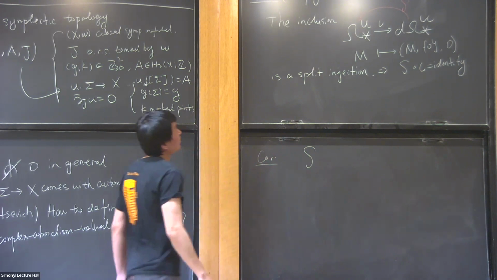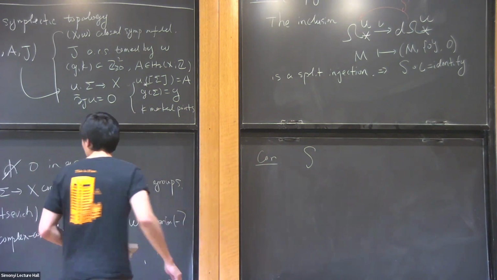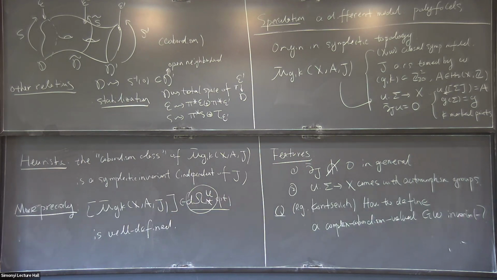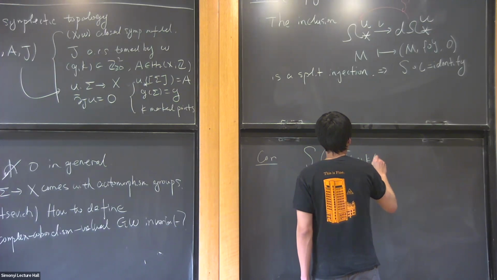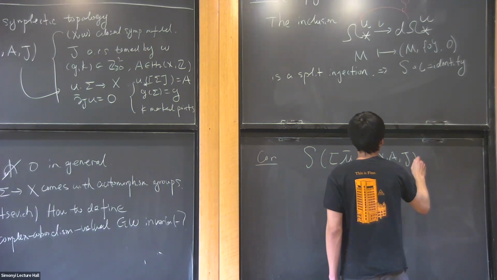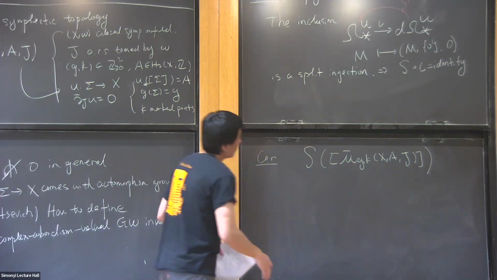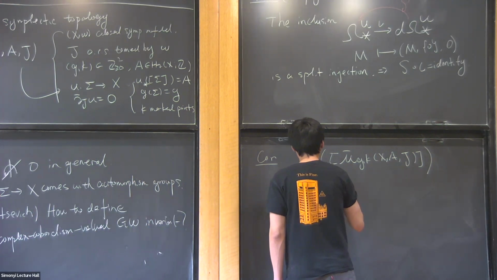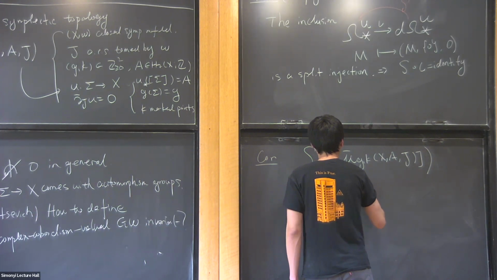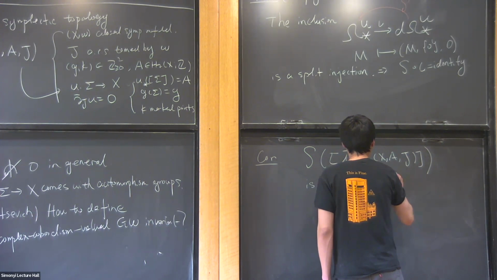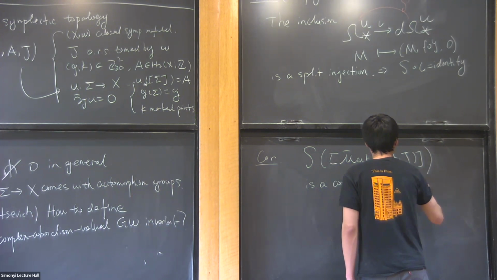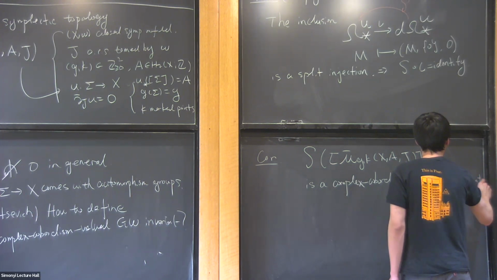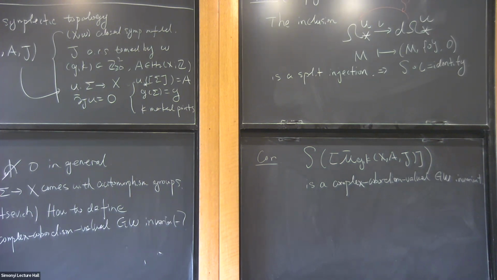If we apply this kind of splitting map to this cobordism class, this can be viewed as a complex cobordism valued Gromov-Witten invariant.